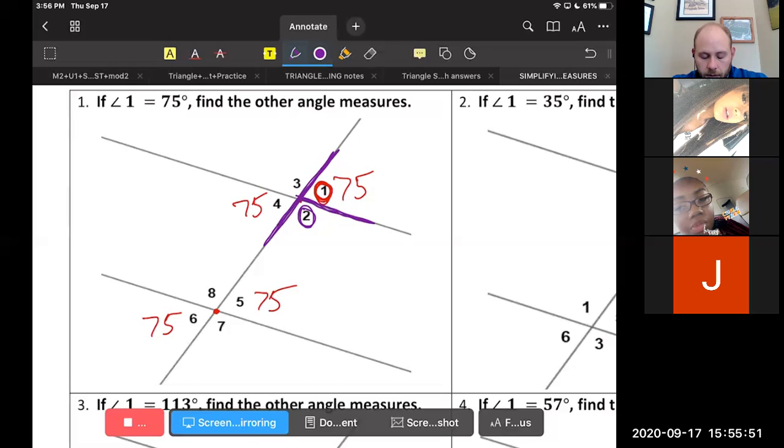I can add: 75 plus some number equals 180. Or if you want the shortcut, you take 180 minus 75, because I know the whole thing and one piece of it, and I need to find the other piece. So this is 105, I'll save you the math.